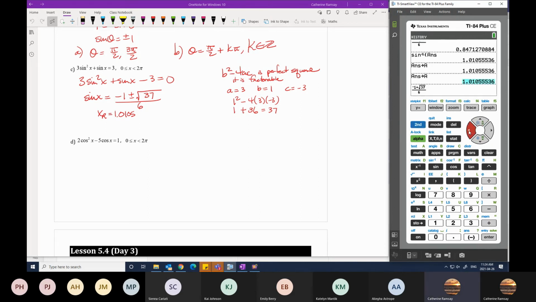Okay. So now I can go back and go up. And then instead of the plus, I can just go subtract. And I get negative 0.18046. Now remember, sine theta has to be between -1 and +1.